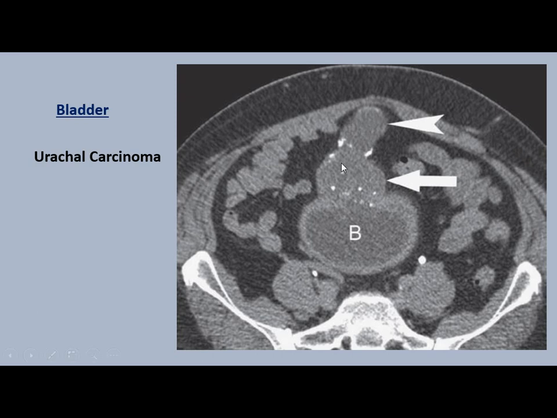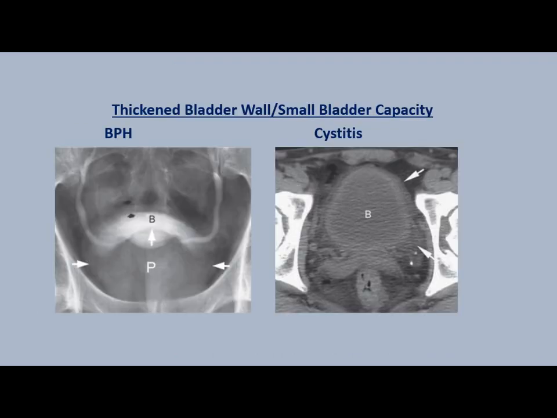This points to a complication of the urachal remnant, which is a soft tissue mass containing calcification, which proved to be urachal carcinoma, most of which are adenocarcinoma. It's not transitional and not squamous carcinoma.